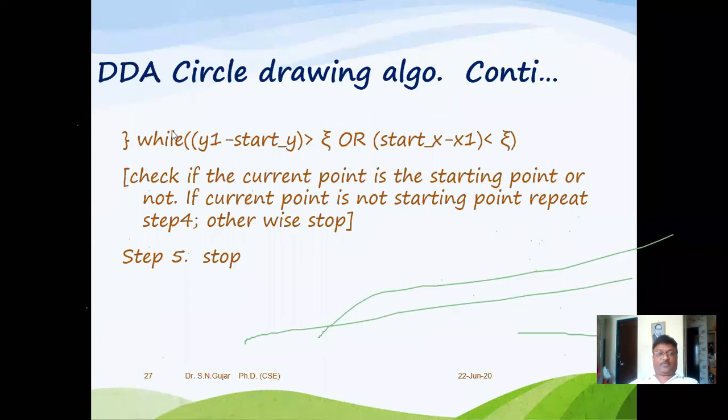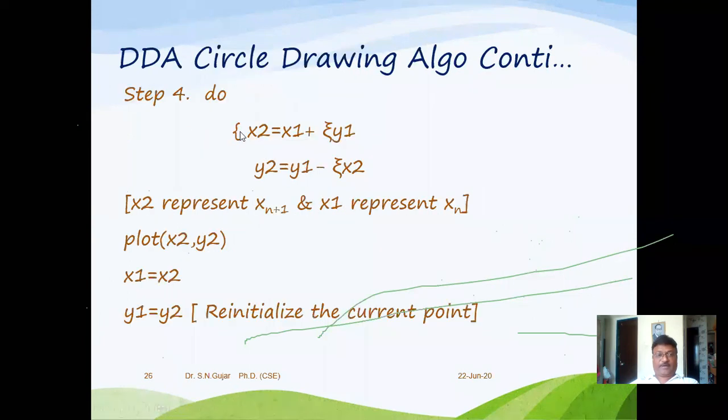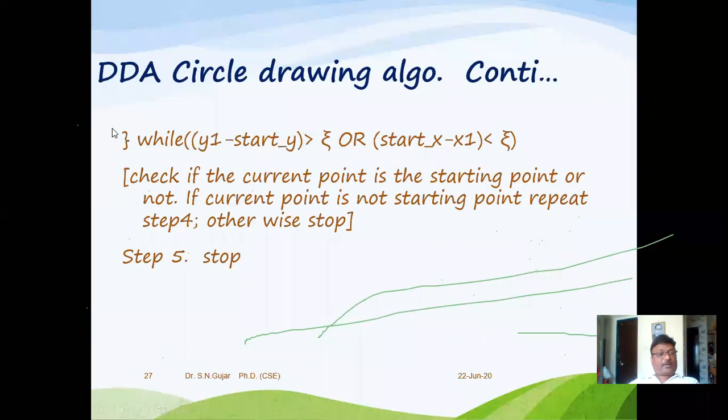See, the loop starts from do, opening curly bracket, then your x2, y2 value, plot value, x1, y1 value, and then curly bracket completed, and while you have to put the condition over here. So what is the condition? Y1 minus start y. So what is the start y value that you have initialized?